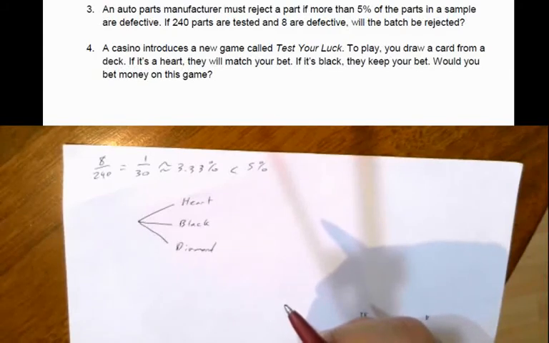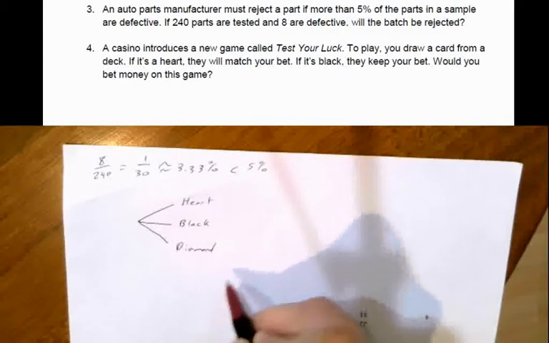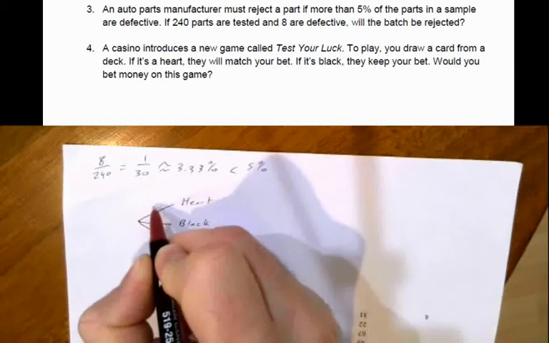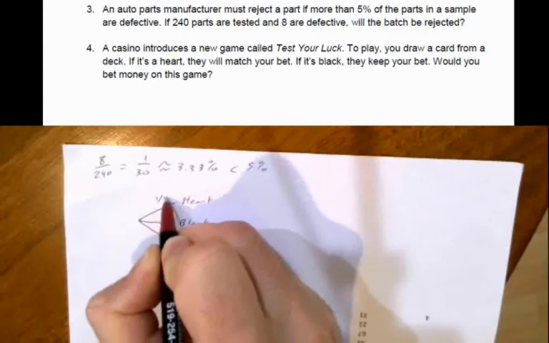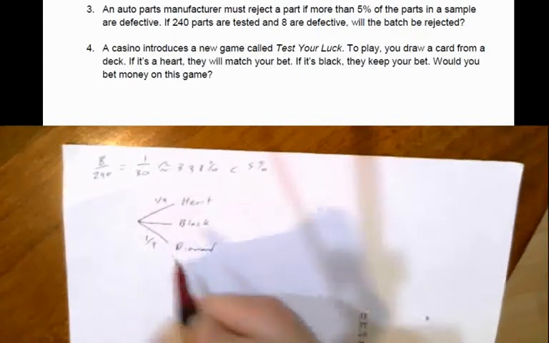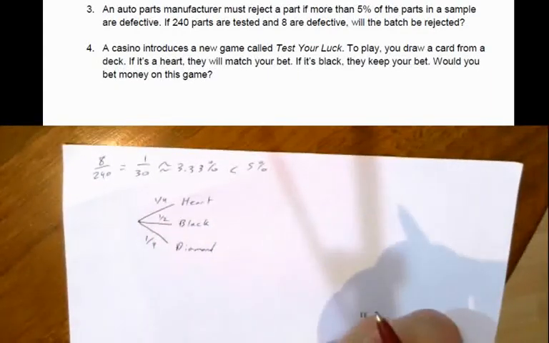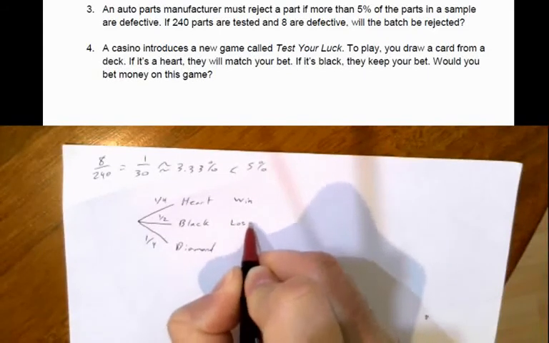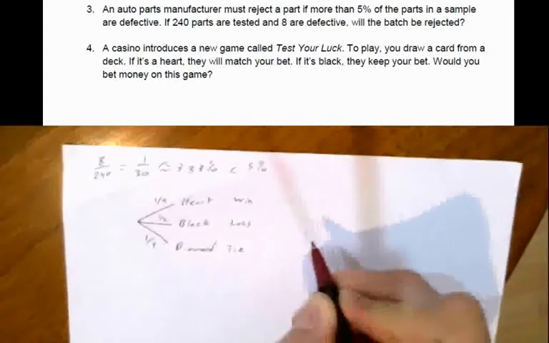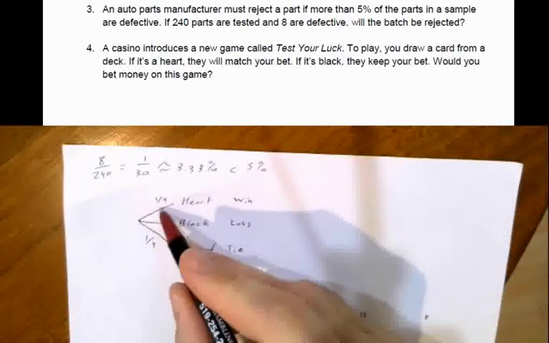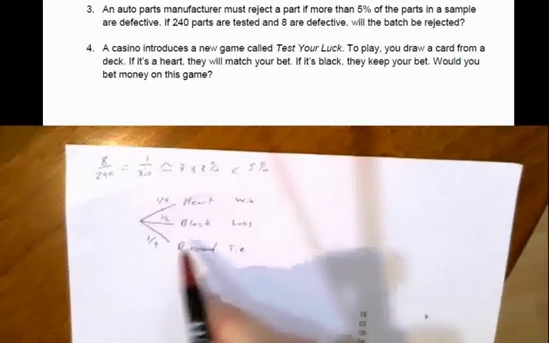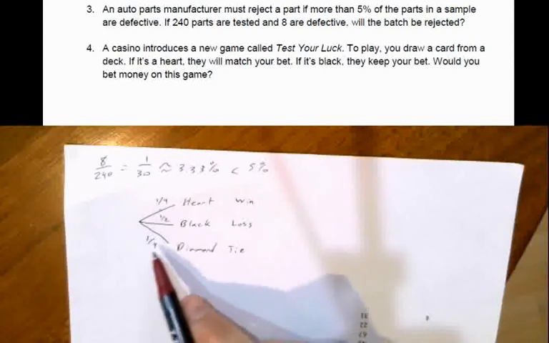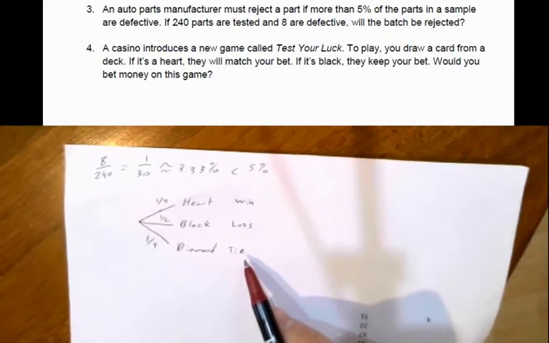So that means it's going to be kind of like a tie. So you have a 1 in 4 chance of getting a heart, a 1 in 4 chance of getting a diamond, and a 1 in 2 chance of getting a black card. This is a win, this is a loss, and this is a tie. So you have a 25% chance at winning, 50% chance at losing, and a 25% chance at having a tie.